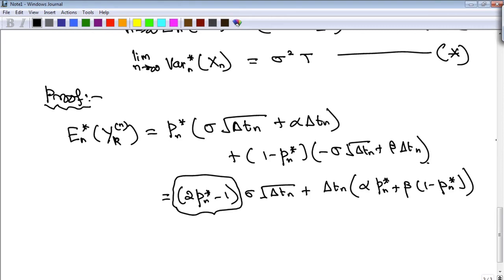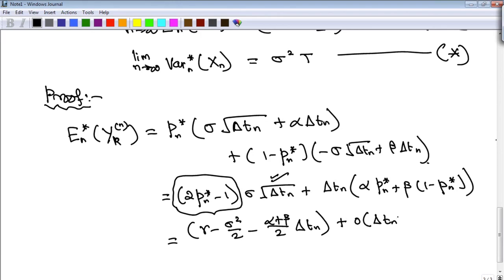Remember that expression has a sigma root delta Tn in the denominator. That gets cancelled with this one, and you have (r minus sigma squared by 2 minus (alpha plus beta) by 2) into delta Tn plus a big expression which goes to 0 slightly faster than how delta Tn goes to 0, divided by 1 plus some big expression which goes to 0 slightly faster than a constant.